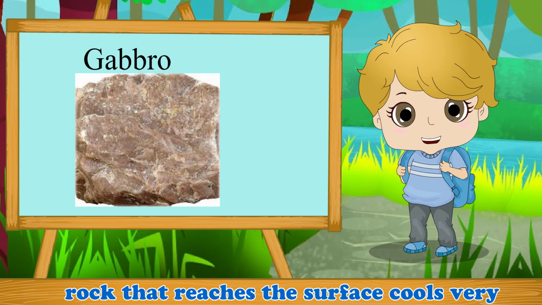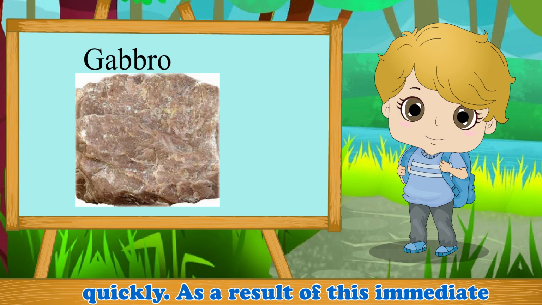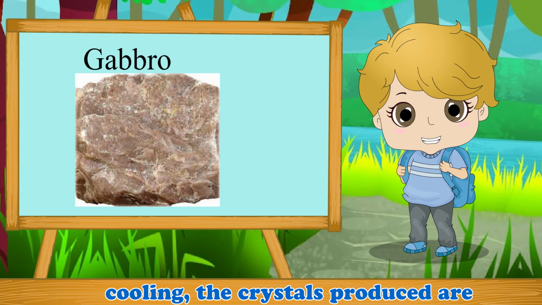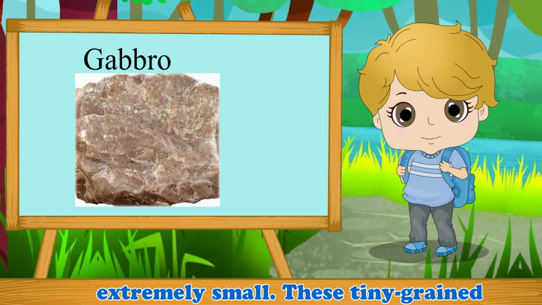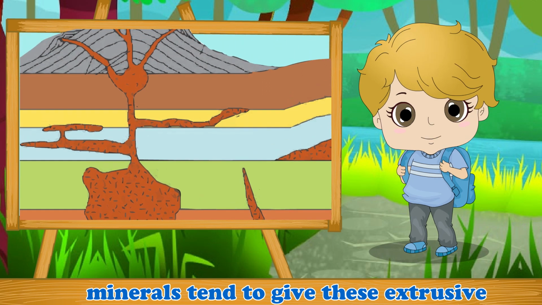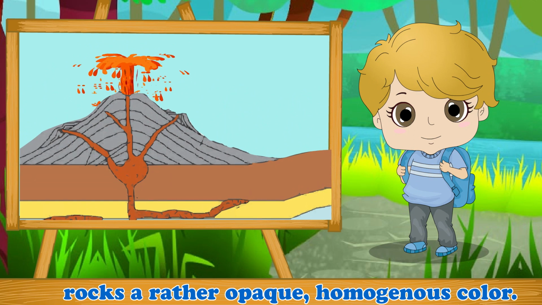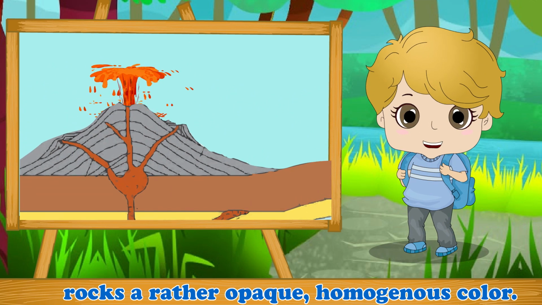Liquid rock that reaches the surface cools very quickly. As a result of this immediate cooling, the crystals produced are extremely small. These tiny grained minerals tend to give these extrusive rocks a rather opaque, homogeneous color.